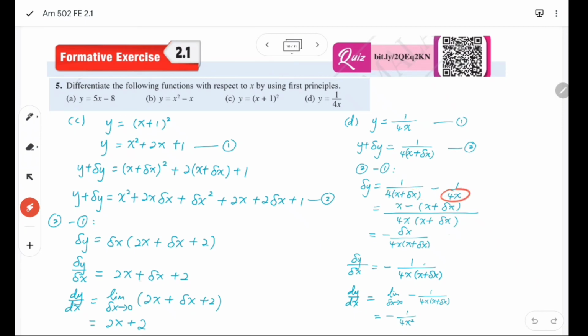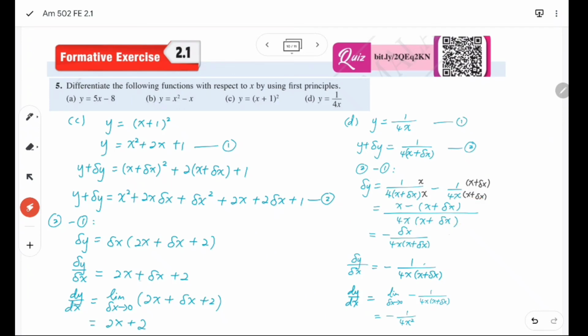Make the denominator the same. So we already have a common factor of 4. For the first fraction, I only times x up and down. The second fraction, I will times x plus del x up and down. Then I have my common denominator, which is 4 times x times x plus del x.